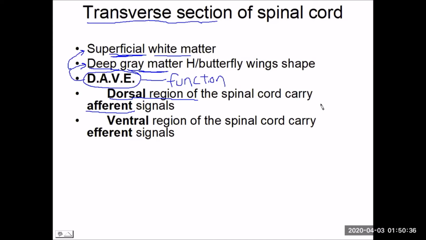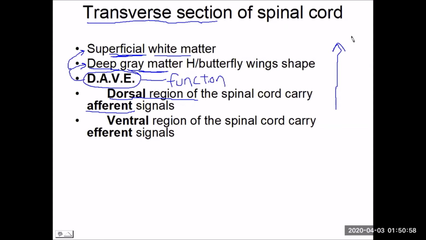So in this case, the dorsal sections of the gray matter or white matter would carry sensory information up the spinal cord to reach the brain, whereas the opposite side, DAVE, the ventral portion of the spinal cord is carrying efferent signal downwards.